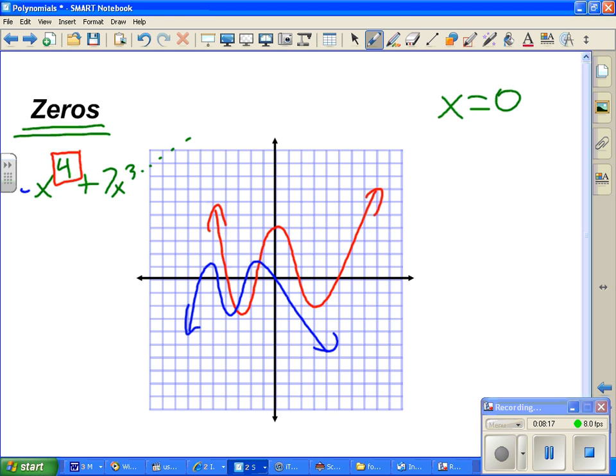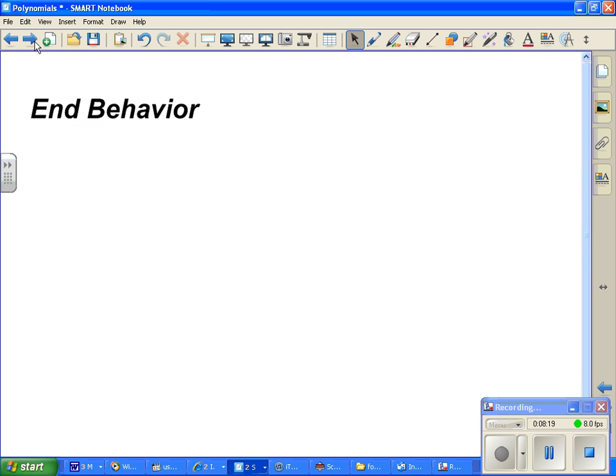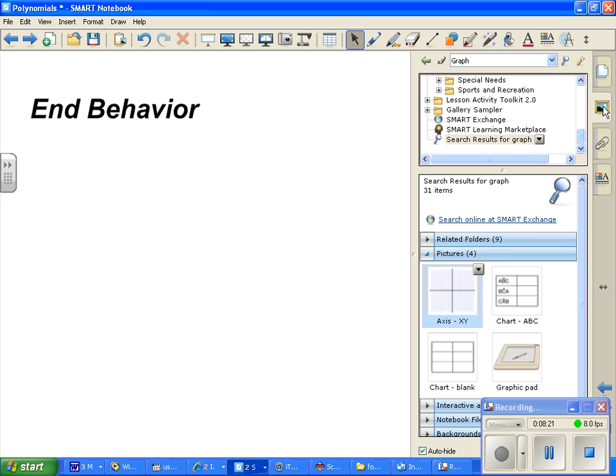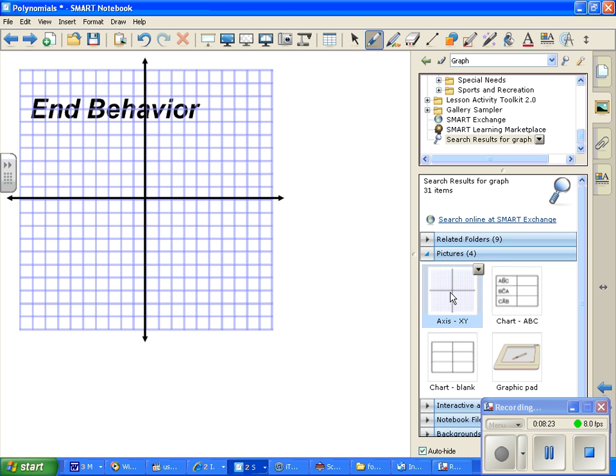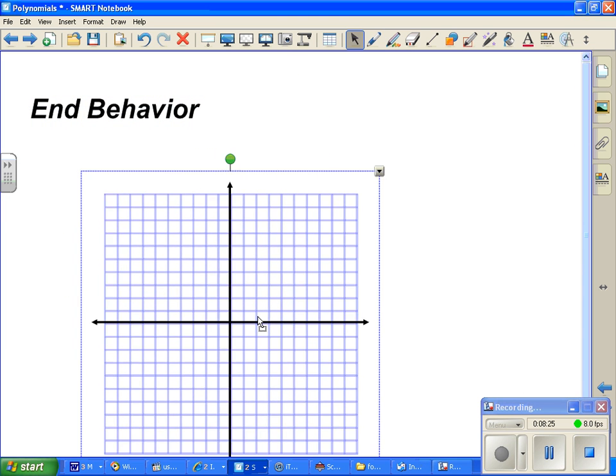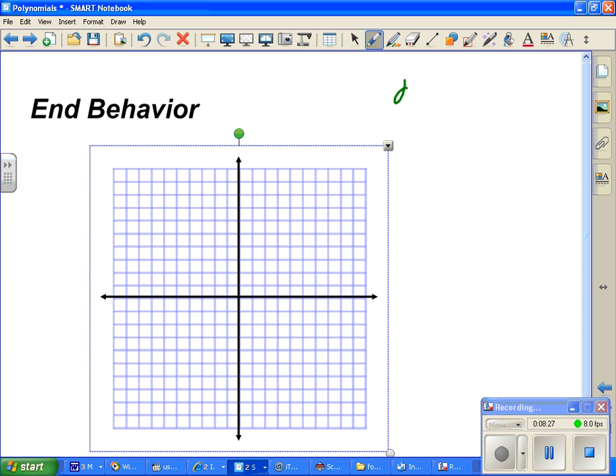So this leads us into end behavior. Okay? If your degree is even, what happens? The ends go the exact same way. Like a quadratic, like an x squared.